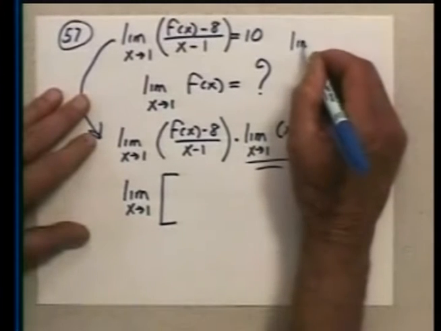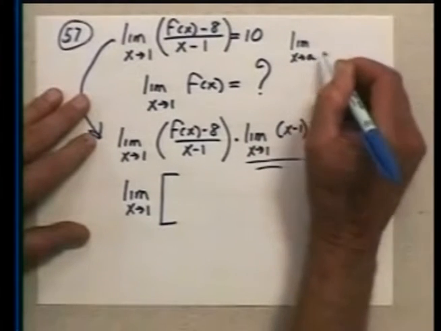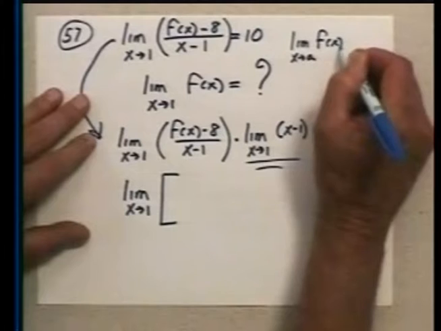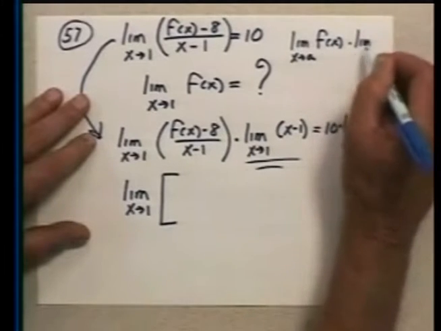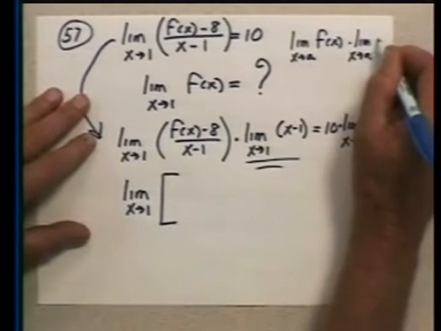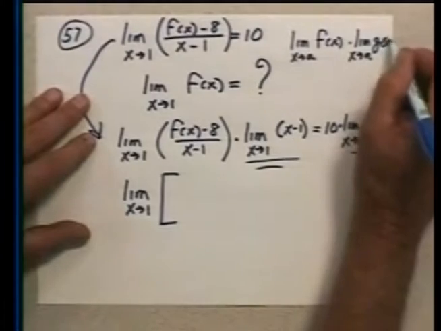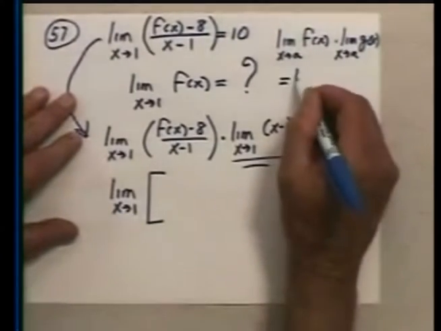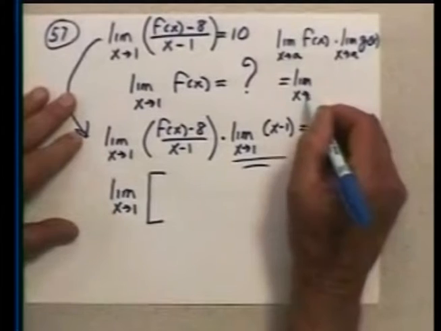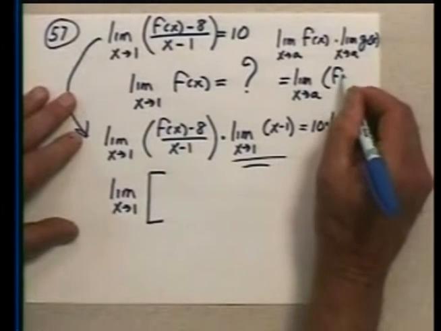I think you agree the limit as x approaches a of f of x times the limit as x approaches a of g of x can be written as one limit. I'm sure that's a property.